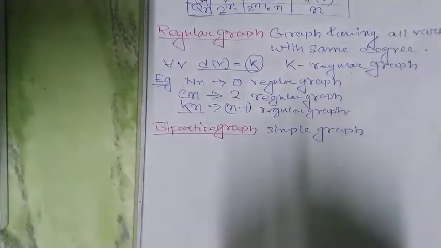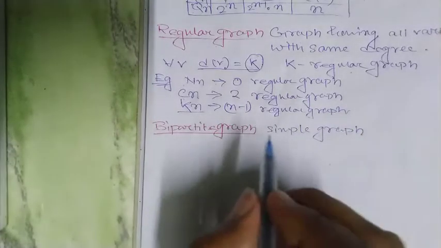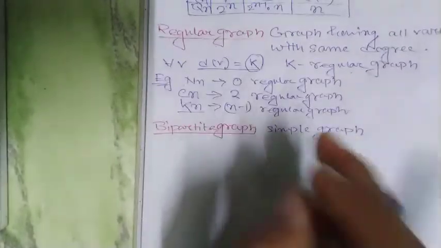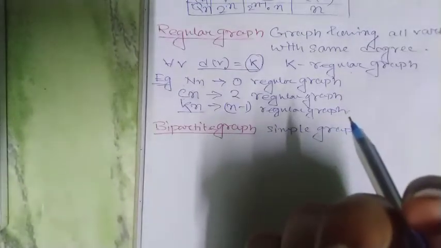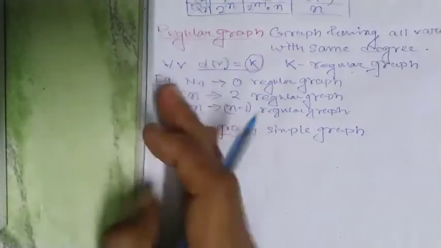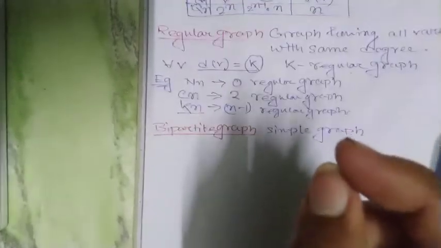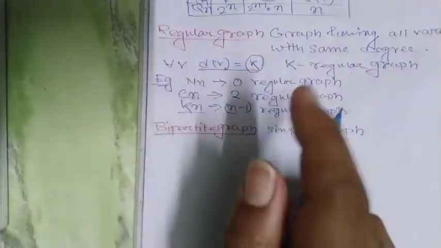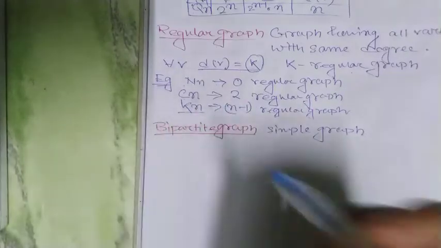So a bipartite graph is a simple graph where the vertices can be divided into 2 parts or 2 sets, where every edge belongs from set 1 to set 2. Let me say it again. So bipartite is one kind of simple graph where the vertices can be divided into 2 sets, and where each edge is from set 1 to set 2.